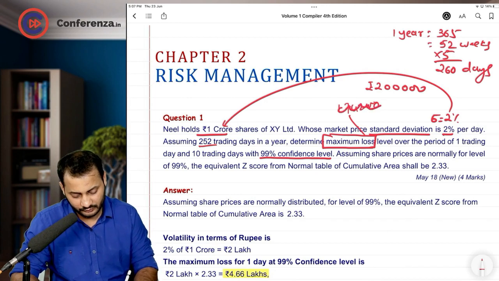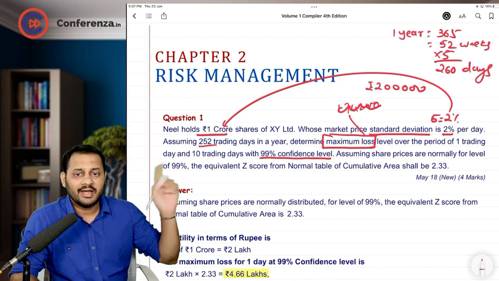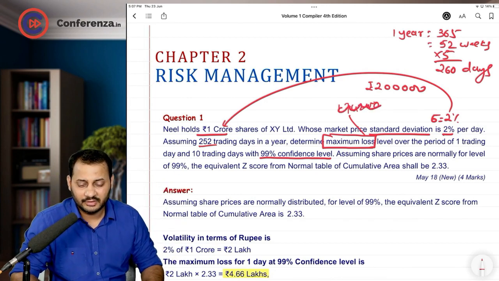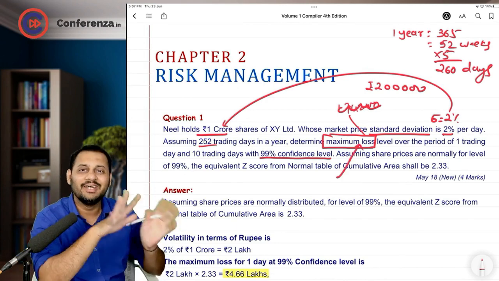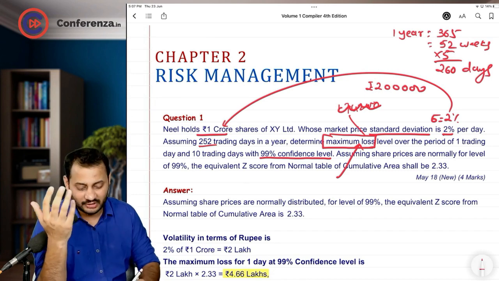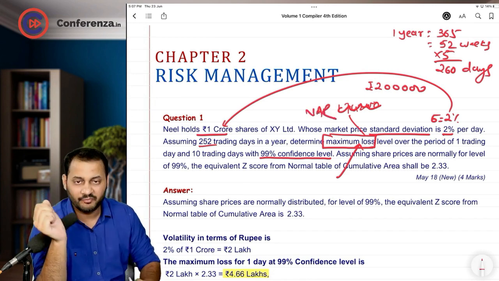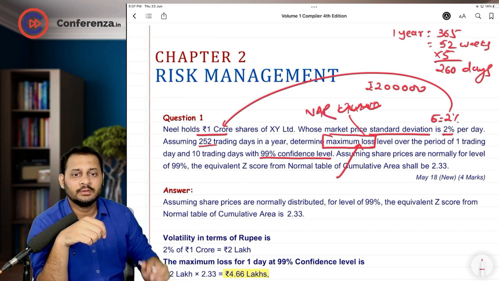Cool. We are 99% confident that the loss will not go beyond this level. You have to calculate that level in this question. That is what the VAR is, that figure 174,200. Okay.